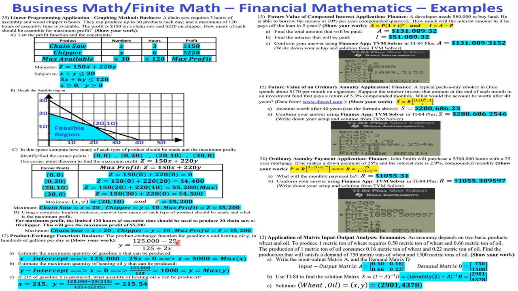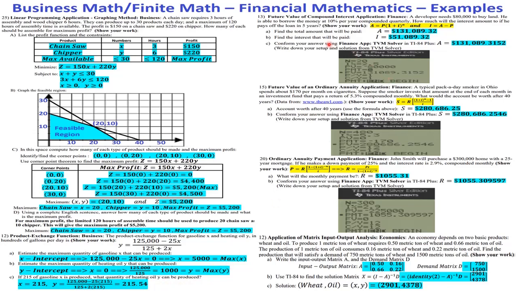So you set the numerator equal to 0, so x equals 5,000, that is the maximum gasoline. Then to find the maximum oil, you set x equal to 0, that's the y-intercept, and that is 1,000. Then if the gasoline is 125, you put that into the equation, and you will end up with oil also 125, which is when they are equal.